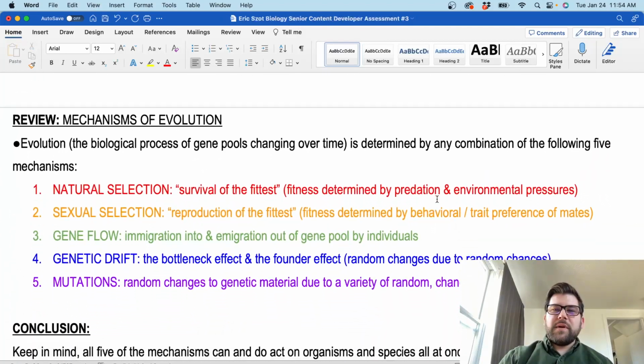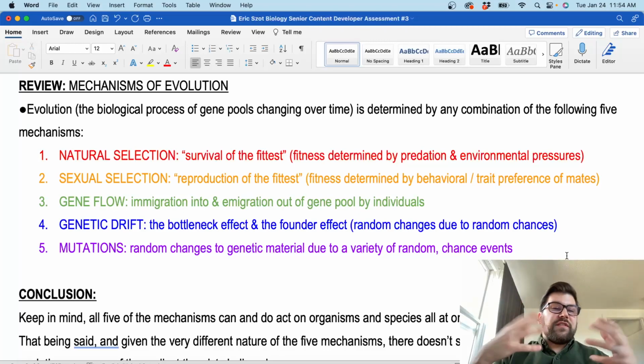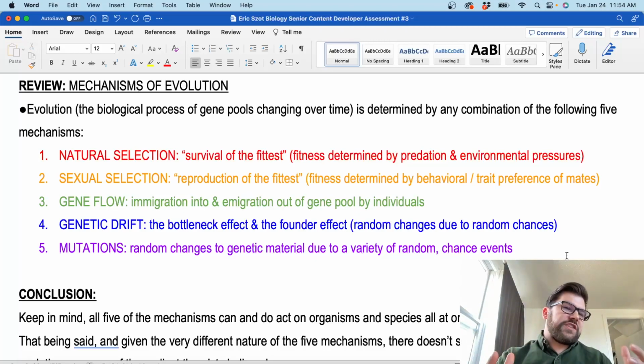Very quickly, to wrap things up here, before we get to some more practice, let's just review. We've now successfully gone through all 5 mechanisms of evolution. Here they are again: natural selection, sexual selection, gene flow, genetic drift, and mutations. They are the 5 mechanisms, or the 5 ways that gene pools actually change. This is how evolution happens: any combination of these 5. So we have survival of the fittest due to surviving and escaping predators, finding food, water, navigating your environment.